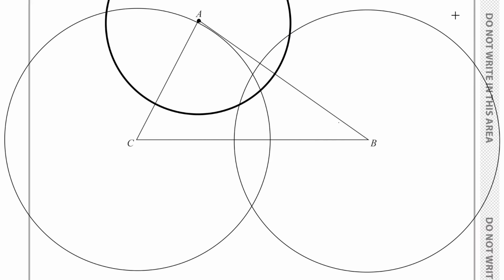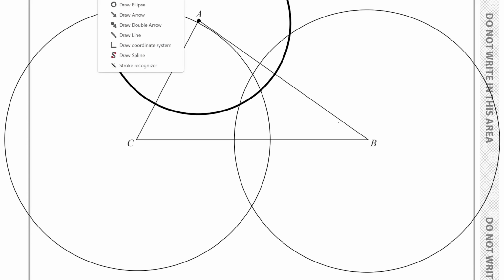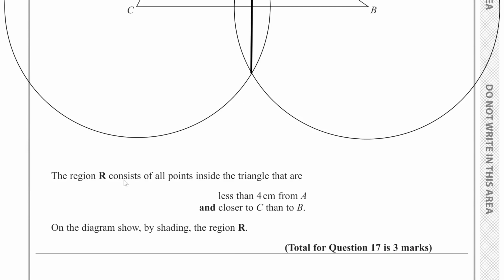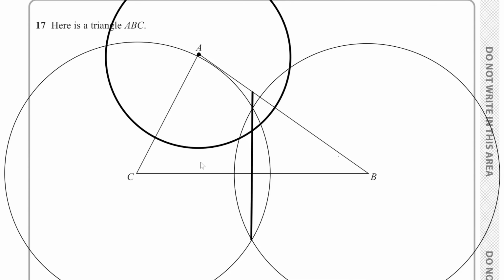So there we have two circles. One, the centre's at B, one's the centre at C. And we can see that those two circles are going to intersect. They're going to cross at two places. So if I draw a straight line going through those two points, that will be straight down the middle of B to C. And we need to just shade a region that's closer to C on the left of the line and less than 4 centimeters from A, so within the circle.